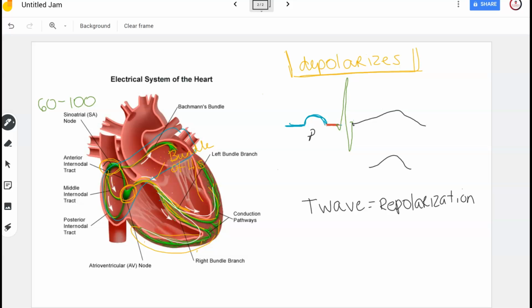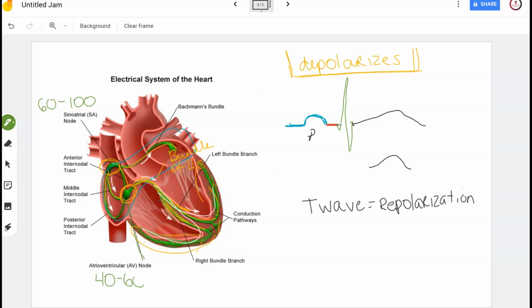So going back to the rest of your heart, if for some reason something happens and your SA node is no longer functioning, the AV node, right here, has an intrinsic rate of 40 to 60.